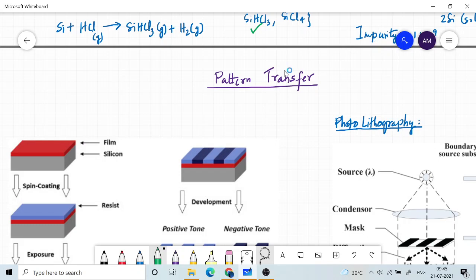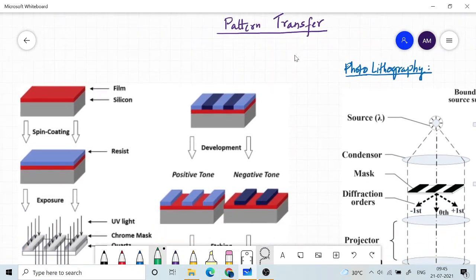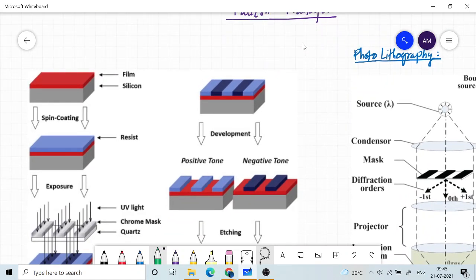So how do we do this pattern transfer? Whatever is in your layout, say the metal 1 layout, we need to transfer it and create that metallic structure according to that layout in the metal layer. There is a particular layer corresponding to the metal, and there we need to transfer.